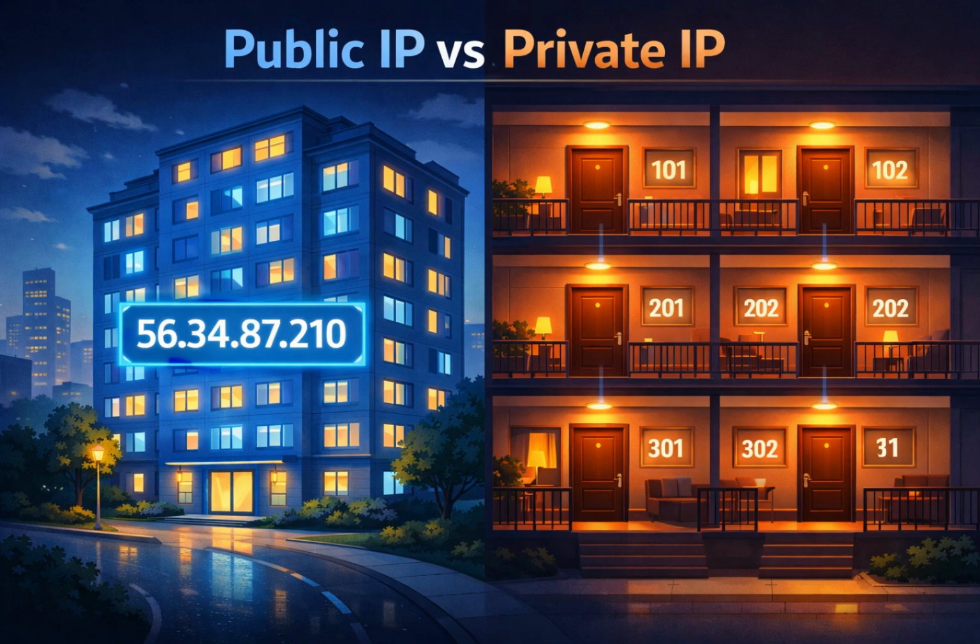A stranger standing outside on the street can see the building's address, your public IP, but they have absolutely no idea which apartment you are in. Your private IP. This is an important distinction when it comes to privacy and security, which we will cover in detail in a later video.